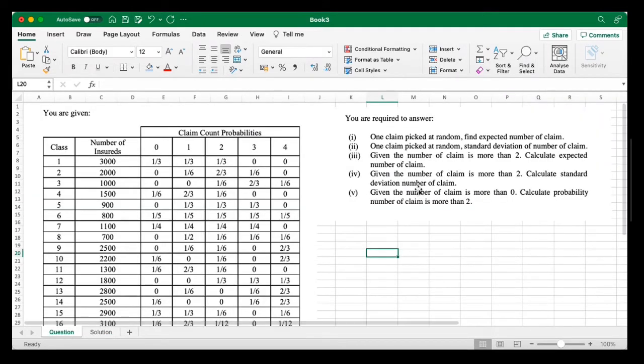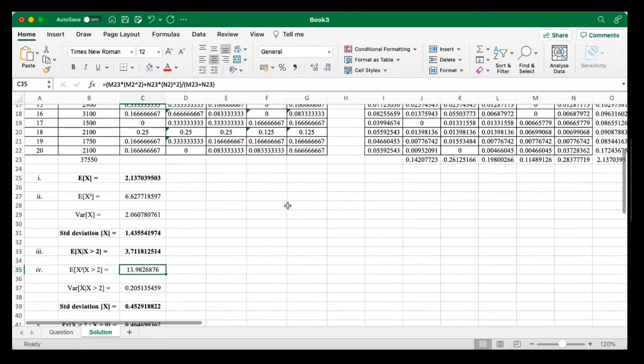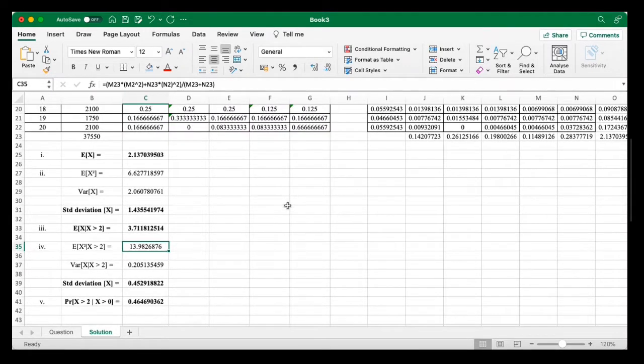For the fourth sub-question, given the number of claims is more than 2, calculate the standard deviation of the number of claims. Similar to part 2 just now, we will need to calculate the expected X squared given X greater than 2. For this question, the numerator needs to be modified while the denominator is similar to the question in part 3.